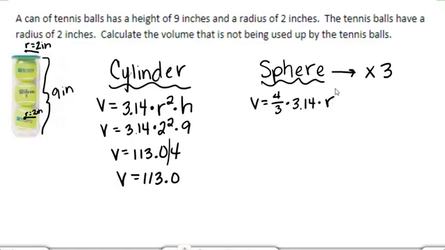Times the radius cubed. Remember, the formula for a sphere is radius cubed, where it's squared for the cylinder and cone. So can't forget that part. Let's fill in the blanks. V equals 4/3 times 3.14 times the radius of each tennis ball, 2 to the 3rd power.